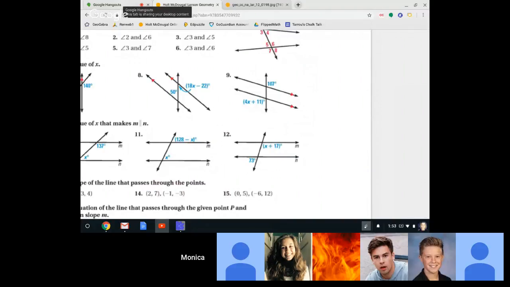So what about flipping back in your chapter?